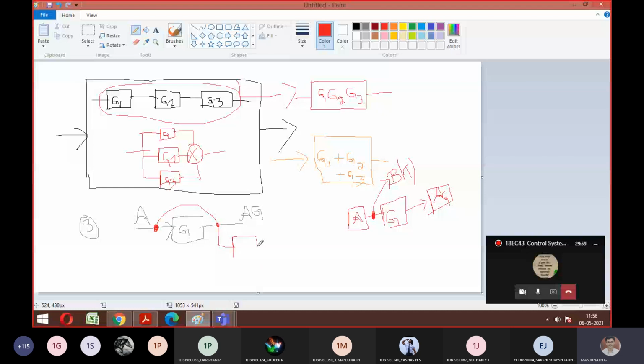Why? Because after moving this point, the output is AG, in series. I want only A, so what should I multiply here? It's 1 by G. So AG into 1 by G, if you multiply, then G and G will get cancelled. What is left out? Only A. That is what we want. Is it clear, everyone?